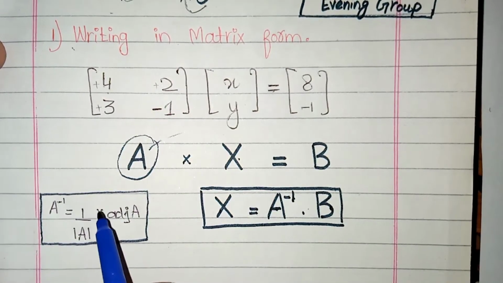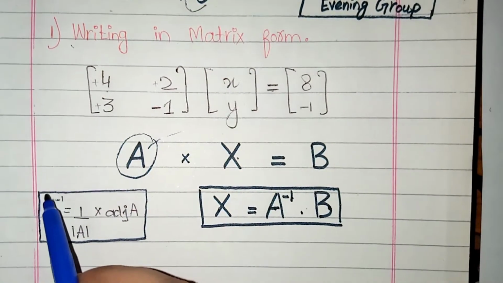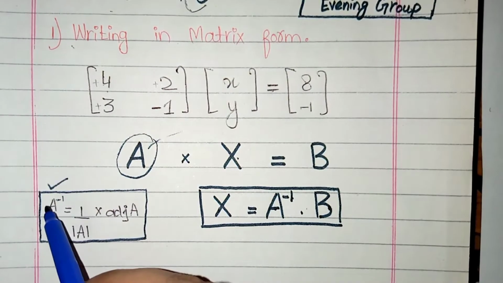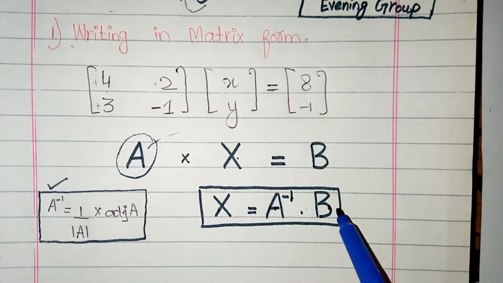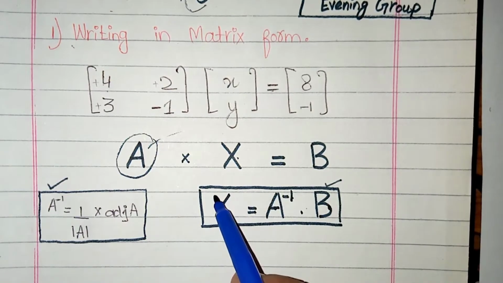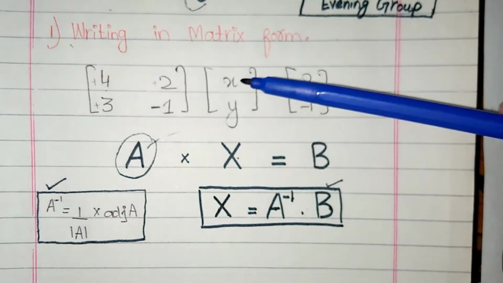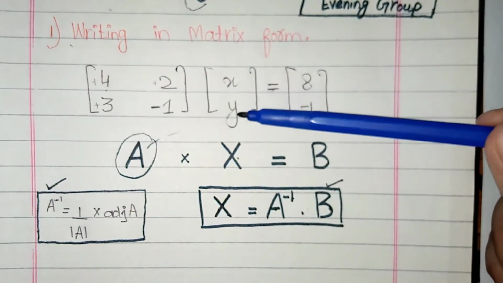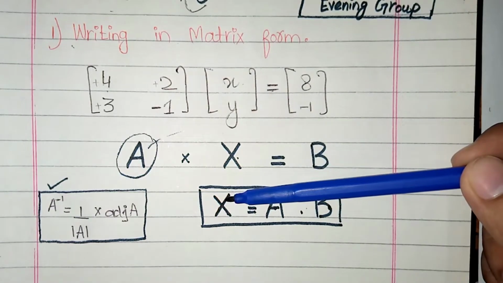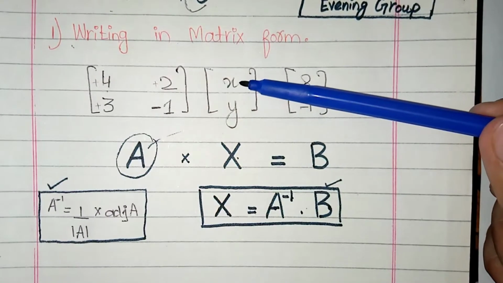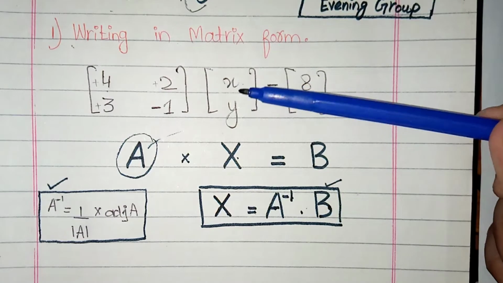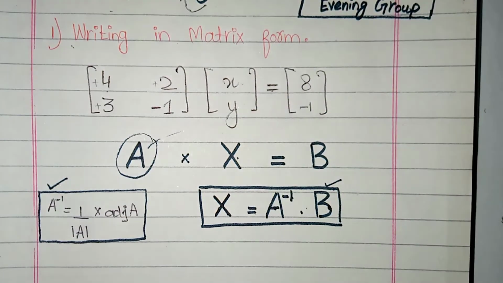According to the formula, if we find the inverse of A and multiply it with B, we find the value of capital X. As capital X originally contains two variables x and y, if we find capital X, it means we have found the value of x and the value of y.